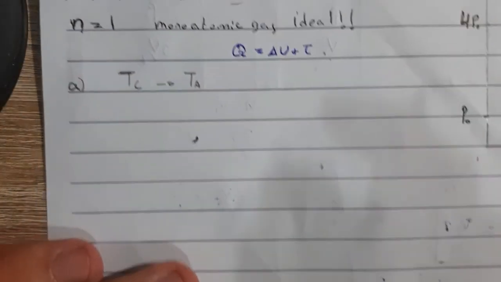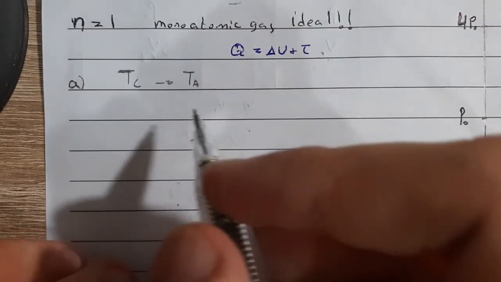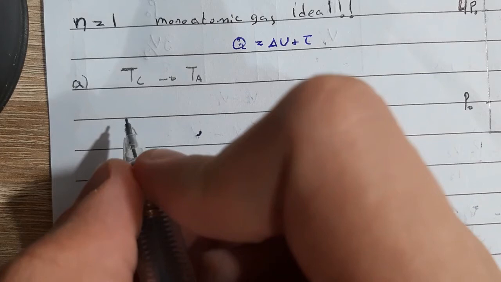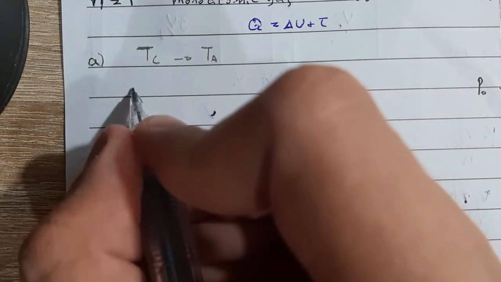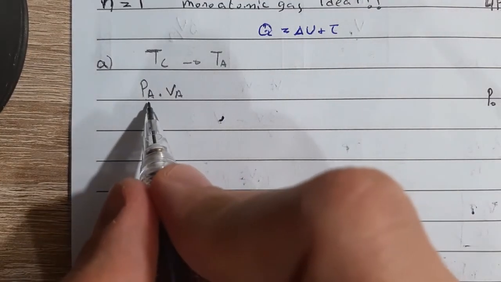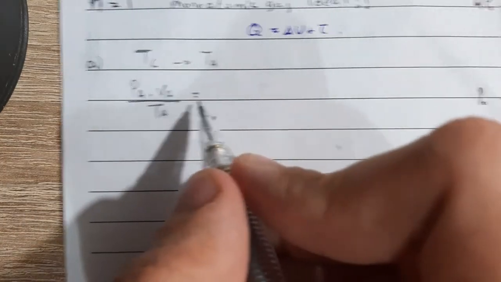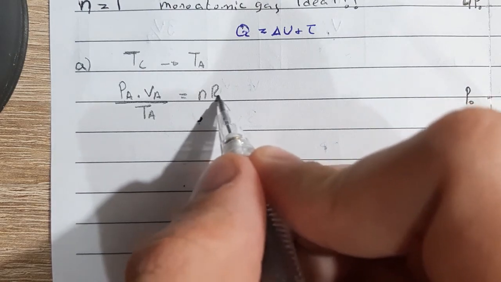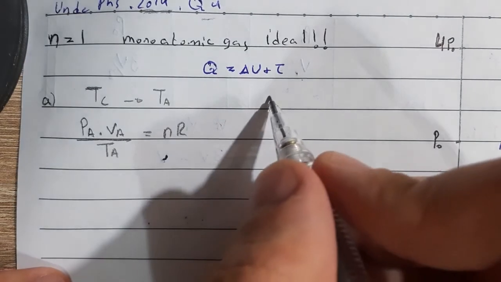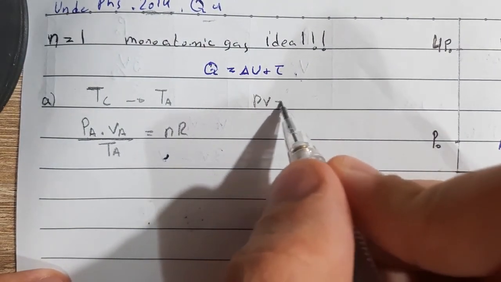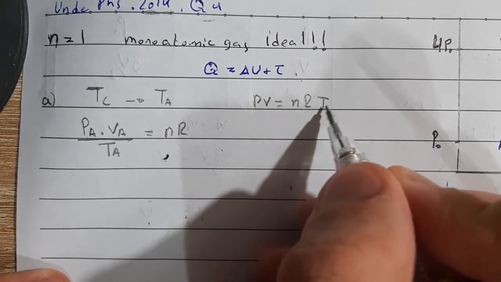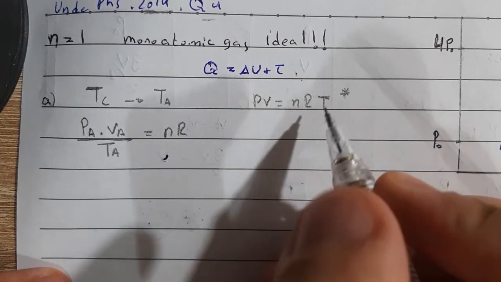Okay, so look, the temperature C and the temperature A. Well, what do we know? We know that pressure in point A times volume in point A divided by temperature in point A is equal to nR, right? Remember that PV is equal to nRT. You need to remember this.